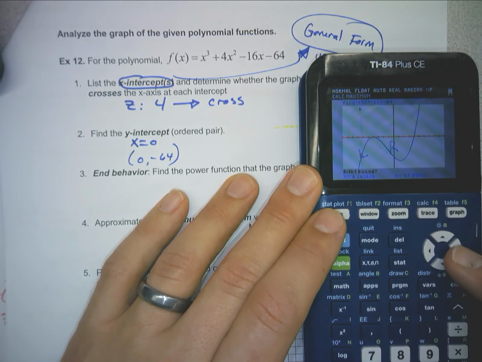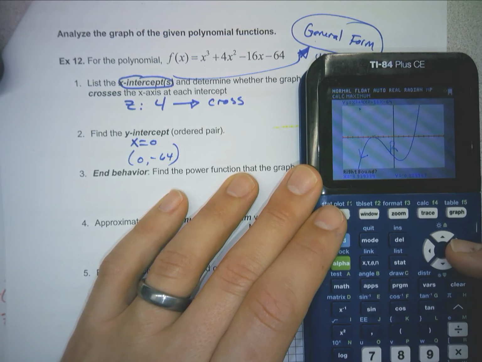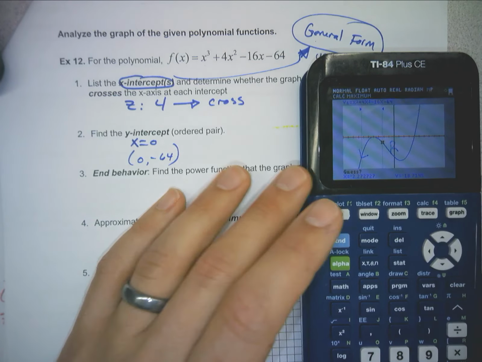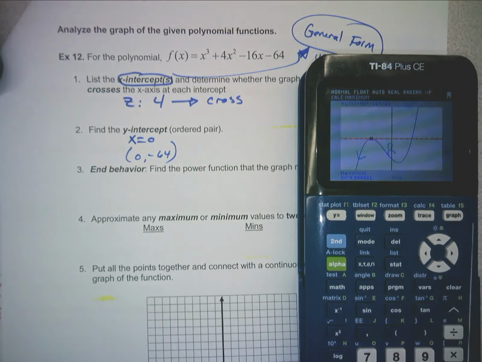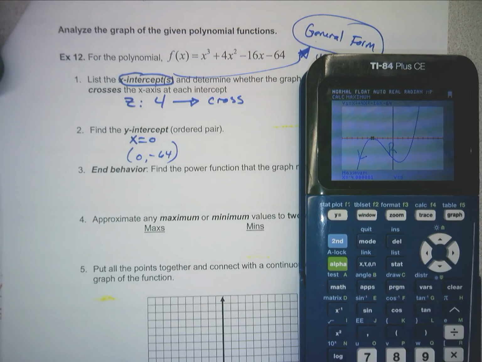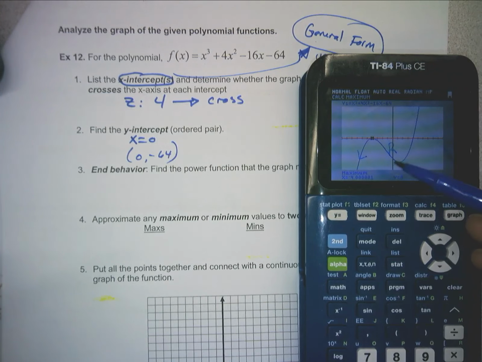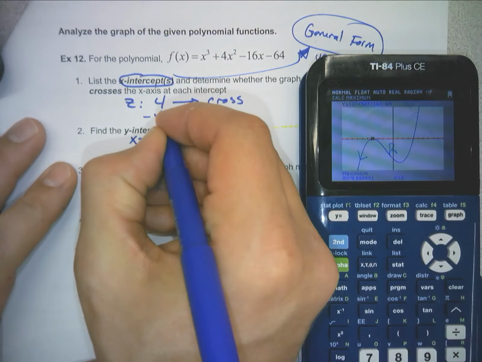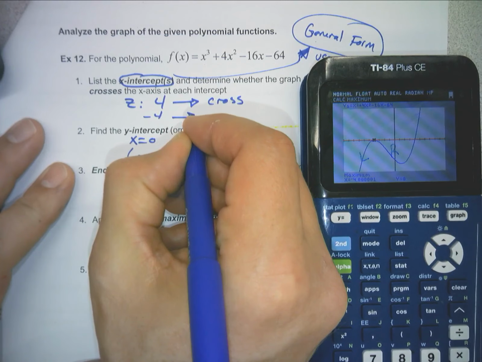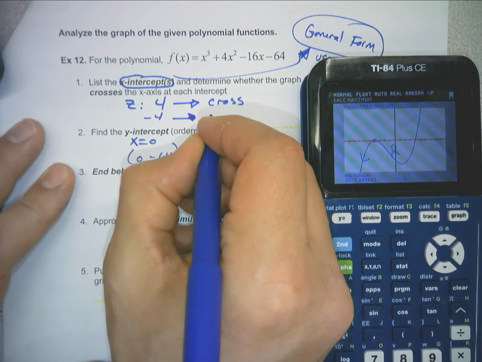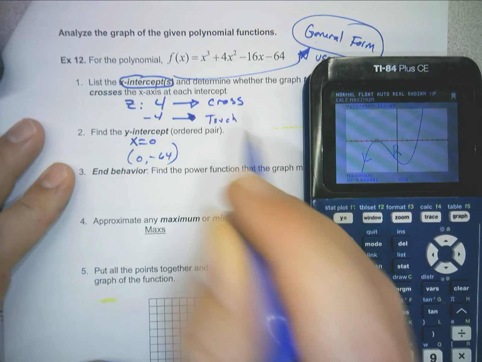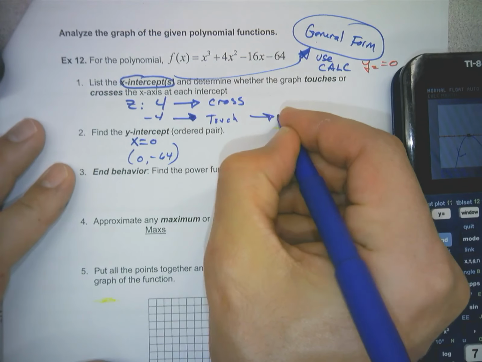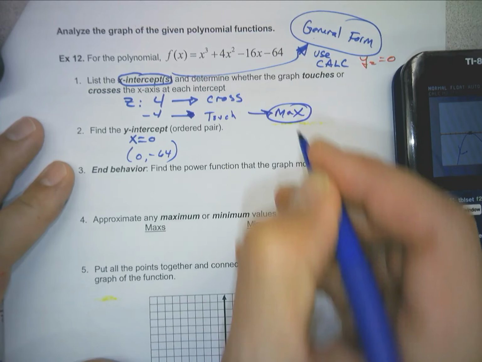Press enter. Right bound, get to the right, press enter. Guess, press enter, and I got (-4, 0). You might have gotten -3.99999, so round. That's -4, and that is a touch. It is also a max, so that's how we found that one on the calc.